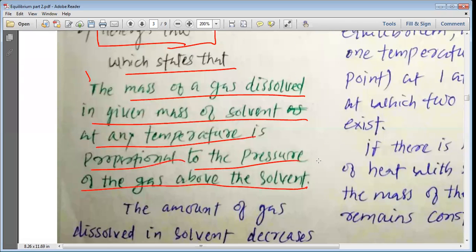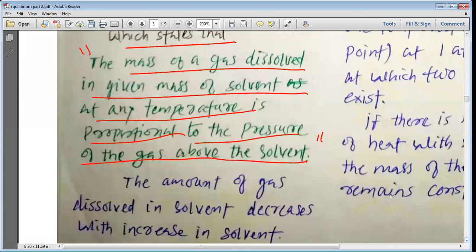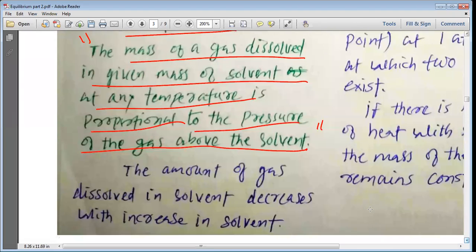Please remember, this is a very simple statement to understand. Once again, the mass of a gas dissolved in a given mass of solvent at any temperature is proportional to the pressure of the gas above the solvent.